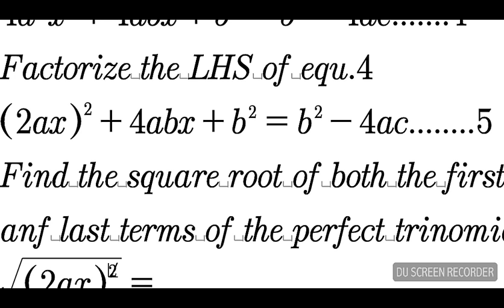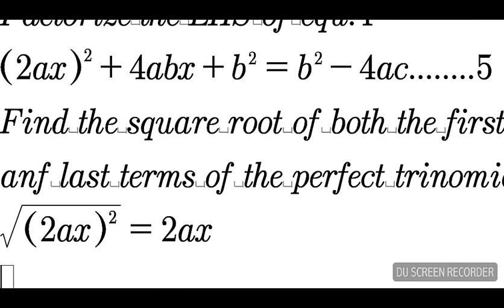Okay. Well, it's simple. Let's say, the square root of 2ax all squared is equal to 2ax. And again, the square root of b squared is equal to b.